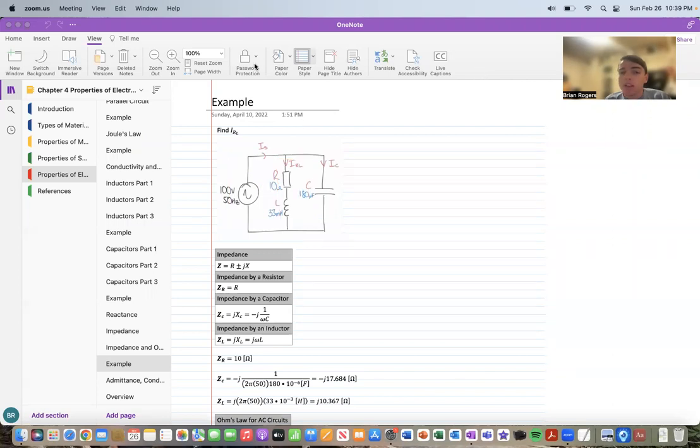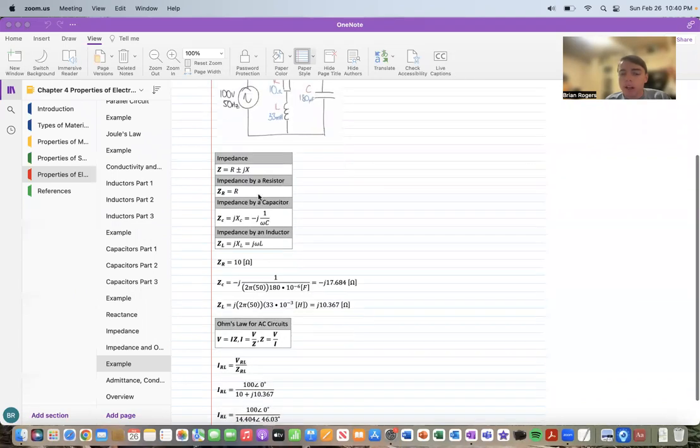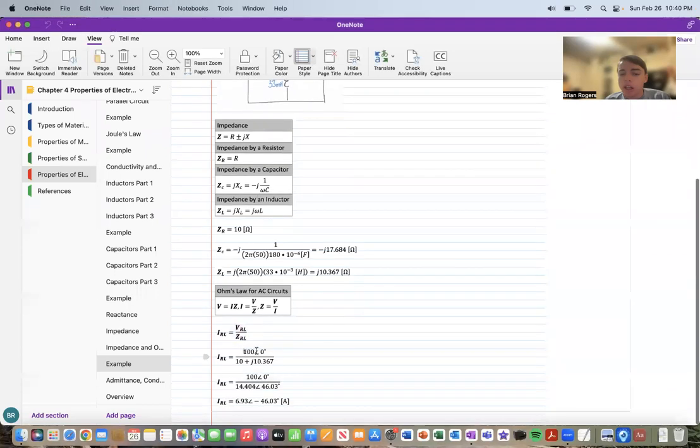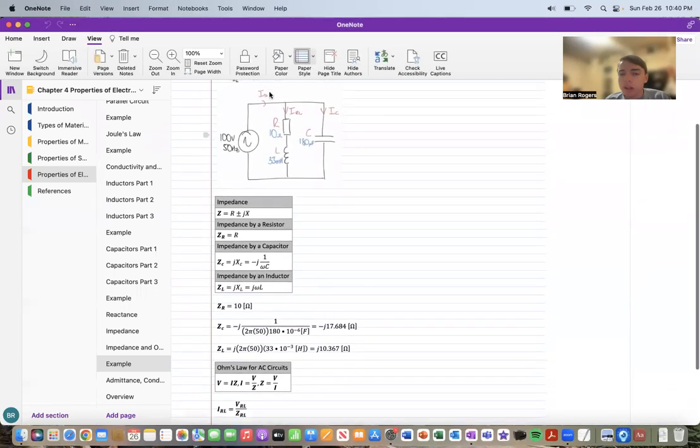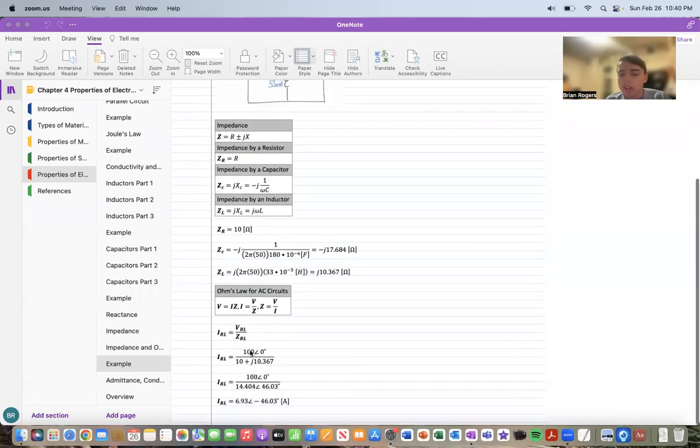And so we can substitute in the voltage across the resistor and inductor, which is going to be 100 volts AC. And so here we're going to write 100. And then there was no phase angle given. If they did give you a phase angle, it would say something like 30 degrees. So they gave us no phase angle, so we're assuming that the phase angle of our source is 0 degrees.